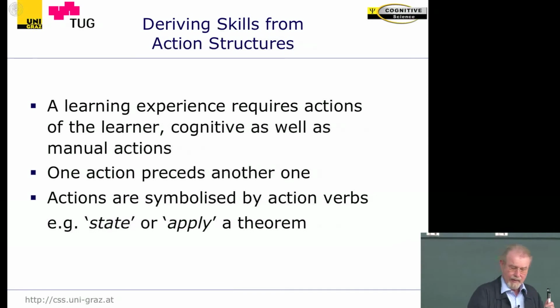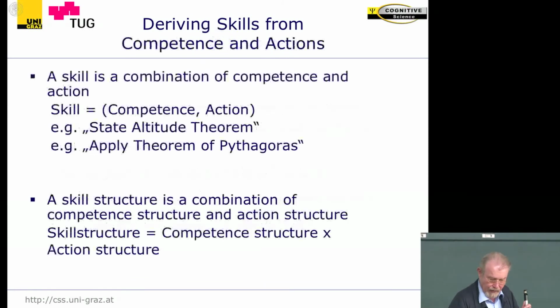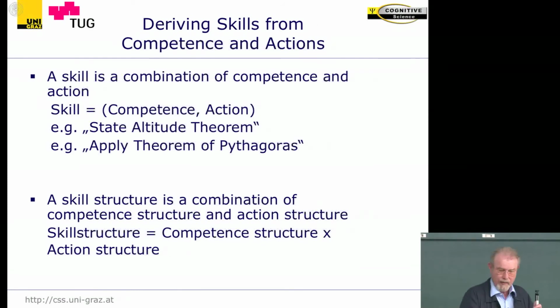And if yes, these two actions are connected by a prerequisite relationship and are in the prerequisite relation for actions. And a skill, we now use the term skill, is a combination of the conceptual knowledge, which is called competence, and action. So a skill is a pair of competence and action.